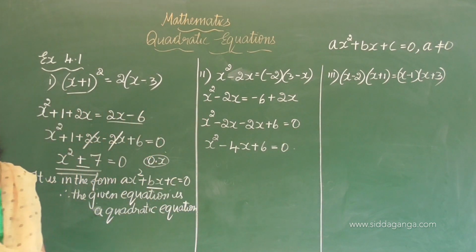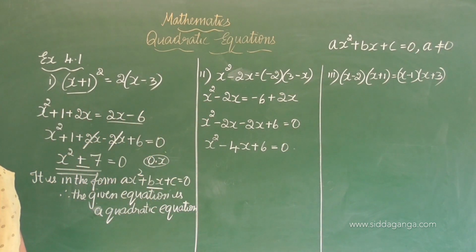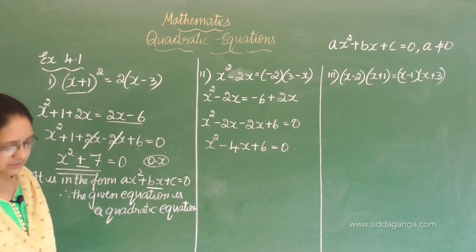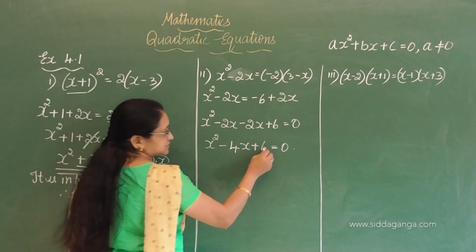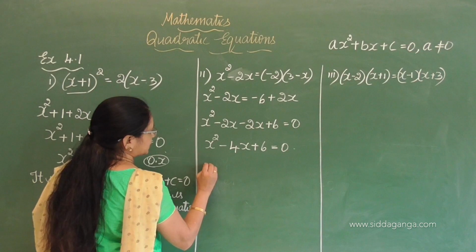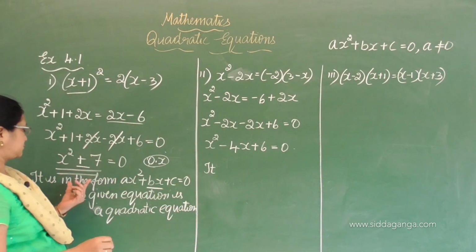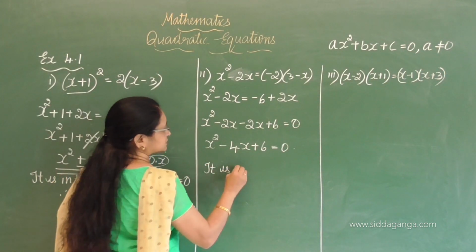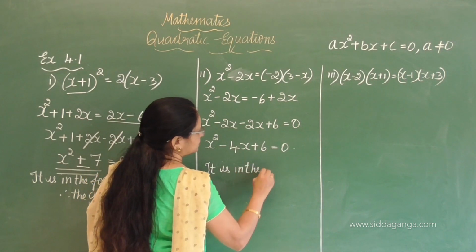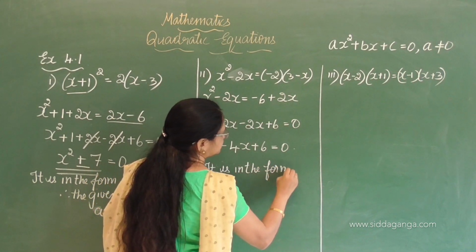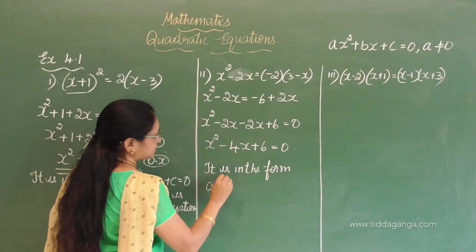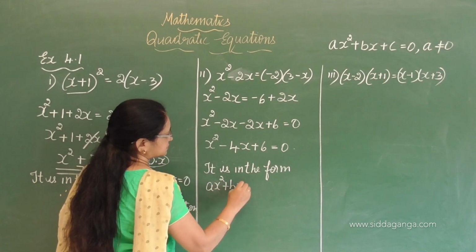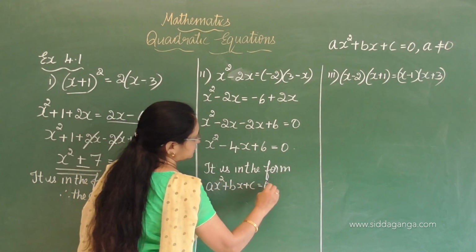See again here also we got the form as x square minus 4x plus 6. Again here also you can write same way. So it is in the form ax square plus bx plus c is equal to 0.